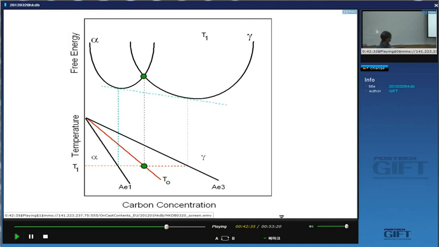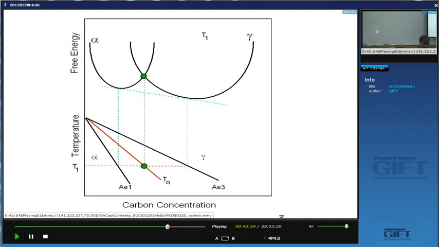And the locus of these points as a function of temperature gives me the A1 phase boundary, and the locus of these points as a function of temperature gives me the A3 phase boundary. So that's just the equilibrium phase diagram for equilibrium between austenite and ferrite.